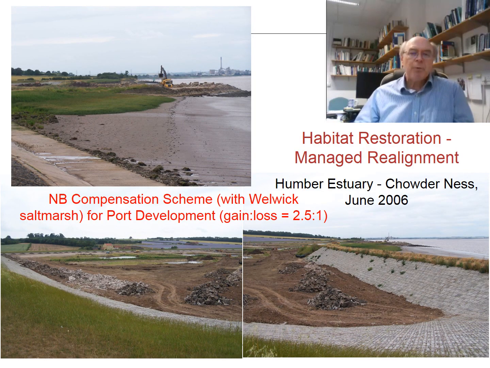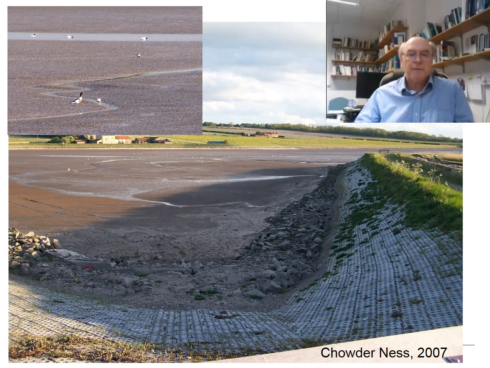As a quick example of this is a habitat restoration scheme that was designed to try and improve a system and replace an area that was going to be lost because of port development. As you see here, this is the area, it's being prepared, the right levels are being created, the right conditions for sediment to come in are being created, again to replace habitat that was lost because of a port development.